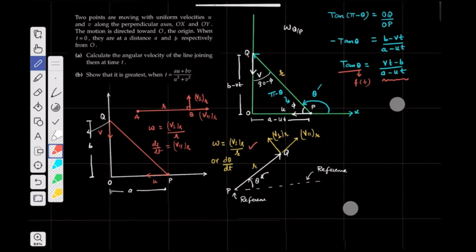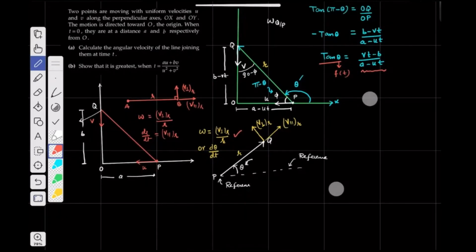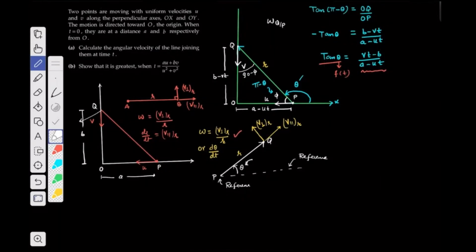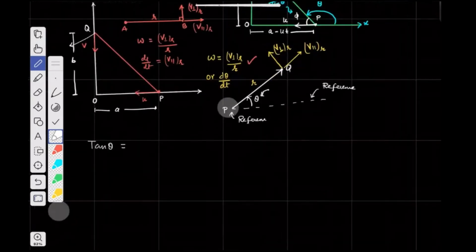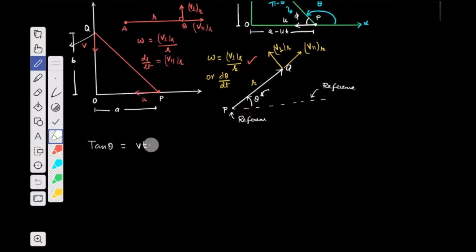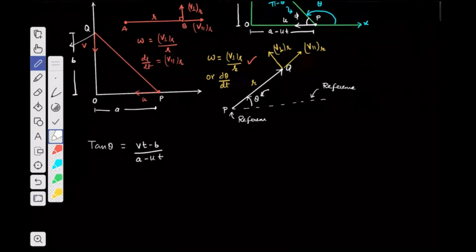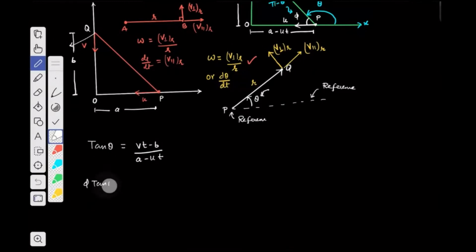So after this, I think everyone can do the differentiation, which is not quite difficult. So what we have got here is tan theta equals (vt minus b) divided by (a minus ut). So differentiate this side. First we will differentiate tan theta with respect to theta, and then we will differentiate theta with respect to time. And differentiation of this term is okay, no?